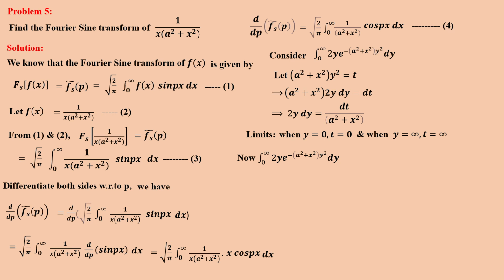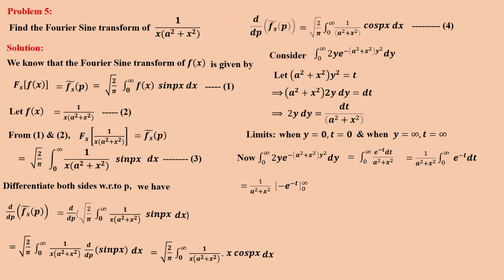The integral 0 to infinity 2y e power minus (a² + x²)y² dy becomes integral 0 to infinity e power minus t dt by (a² + x²). Since a and x are constants with respect to t, we take 1 by (a² + x²) outside the integration, so we get 1 by (a² + x²) integral 0 to infinity e power minus t dt.